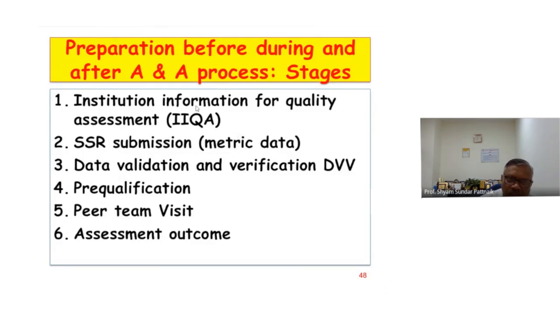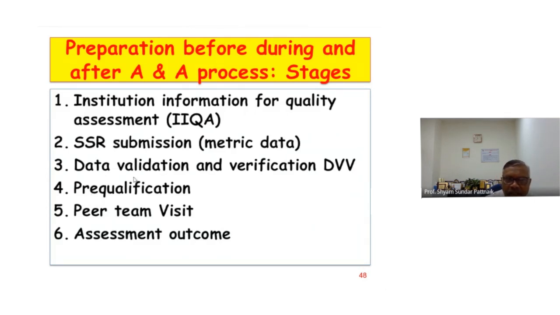So before going for the SSR submission, you must do a dummy run so that your data are properly put in the SSR report, and you are not going with any ambiguities or false data, because if you are going with false data, a lot of explanations are called for. In NBA, there is a lot of stringent action. NAAC is yet to introduce this type of stringent action, but explanations are called for.